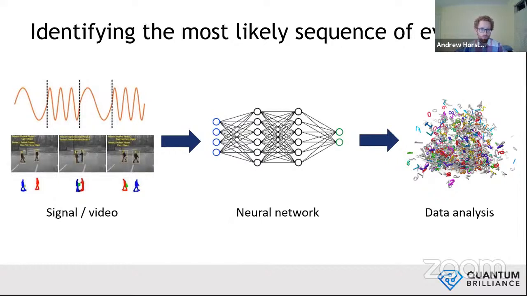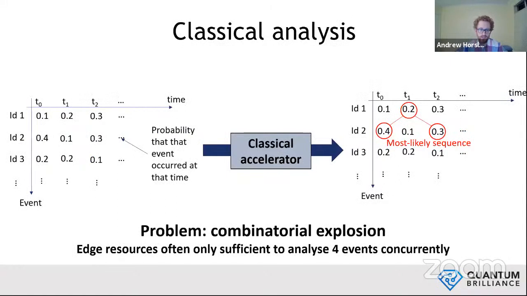Now, the neural network step is generally quite well optimized, but that subsequent step can be a real bottleneck. The challenge is that classical solutions are quite inefficient at dealing with the combinatorial explosion of possibilities and correlations between all of those different events at different times.